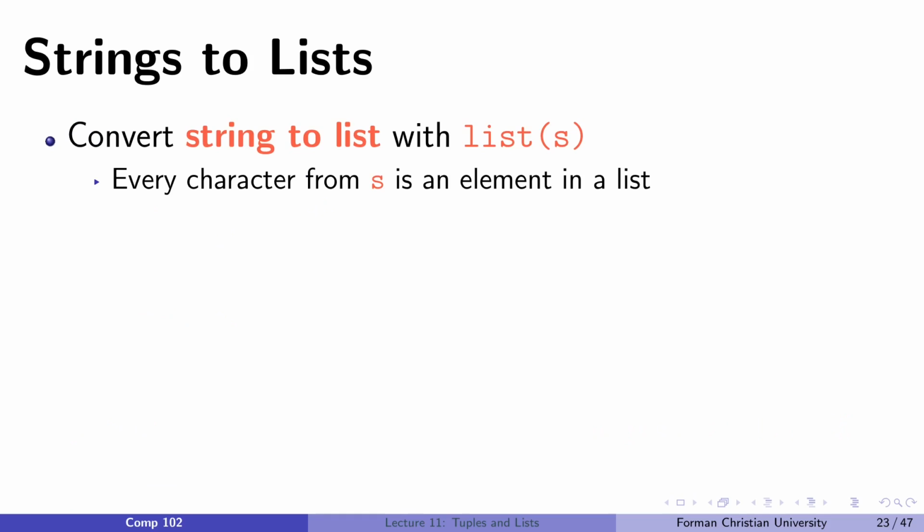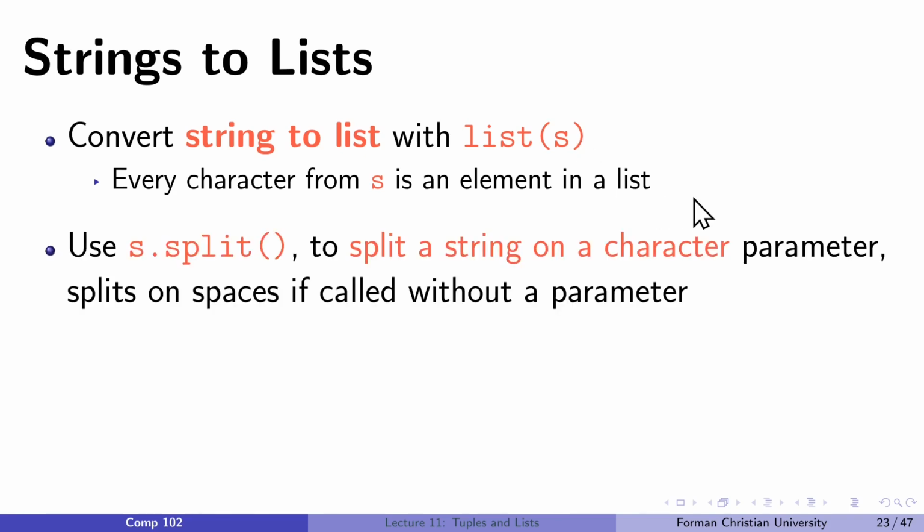Now let's convert between strings and lists. And yes, you can do that. This is very useful for text processing. At first, calling list on a string converts it into a list of characters. So list of hello gives you H, E, L, L, and O. Second, calling split on a string breaks it into a list of words.